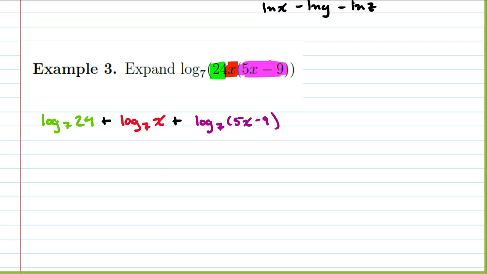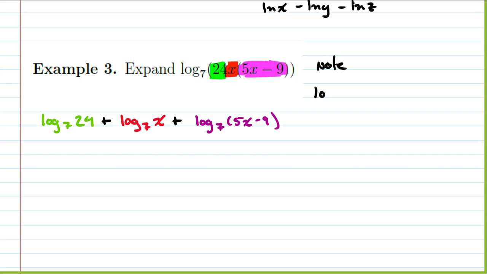So the key thing we have to be aware of is that we have a product rule. Products mean factors. So each factor gets its own logarithm. So note that this is not true.